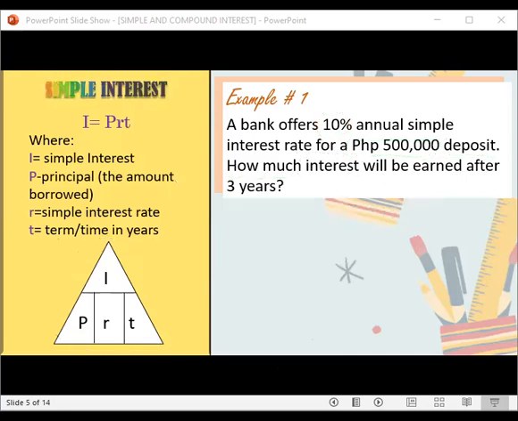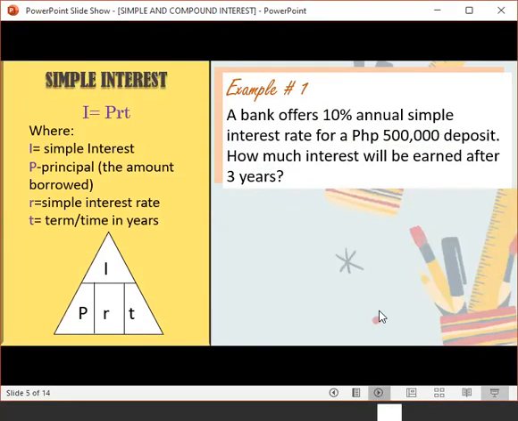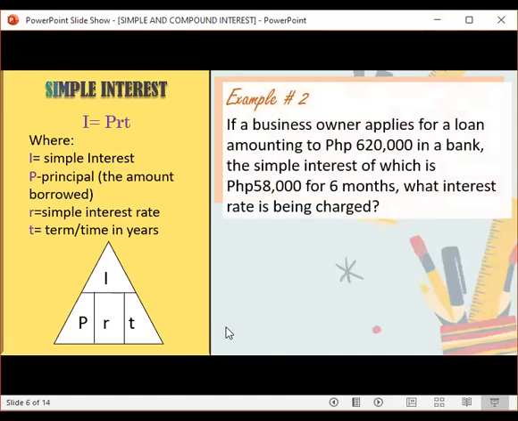So for next example, if a business owner applies for a loan amounting to 620,000 in a bank, the simple interest of which is 58,000 pesos for 6 months. What interest rate is being charged?